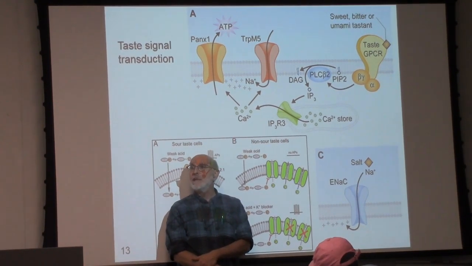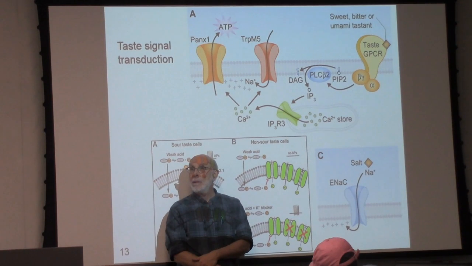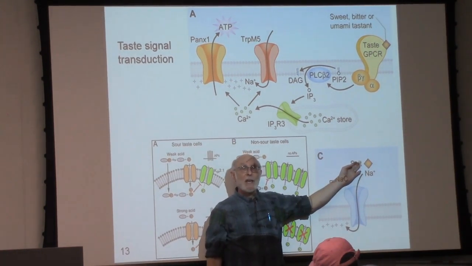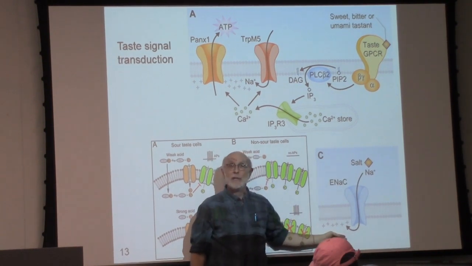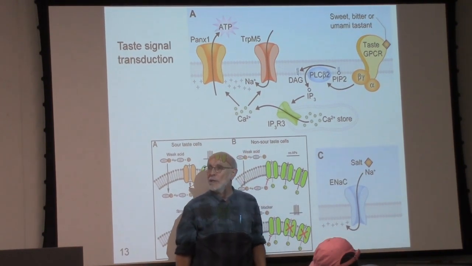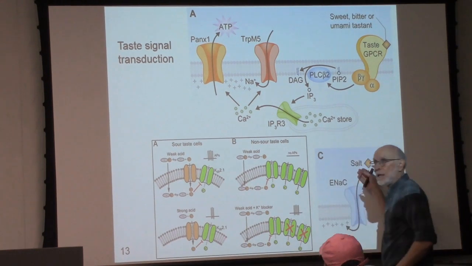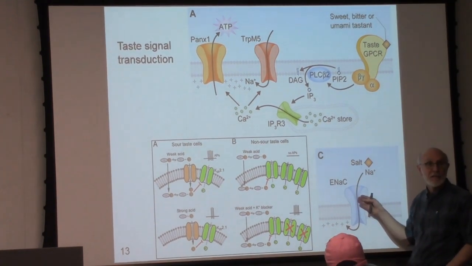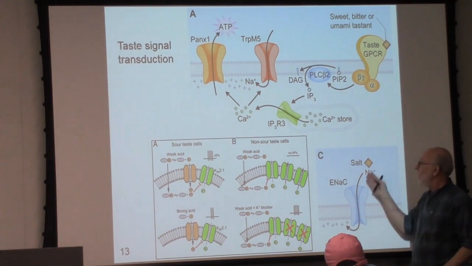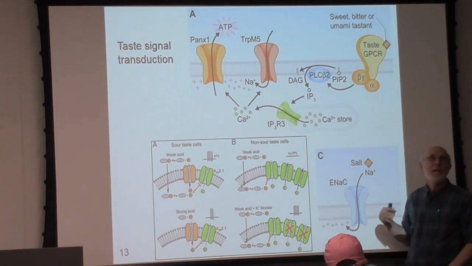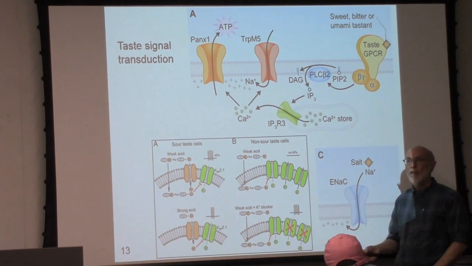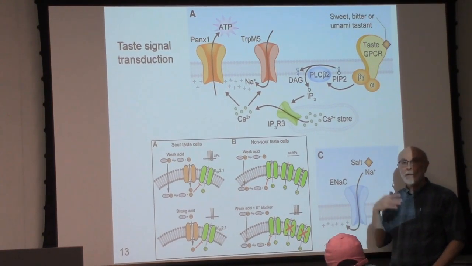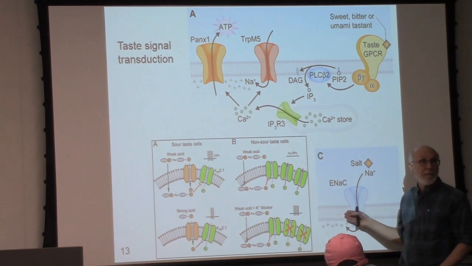It doesn't require a stimulus to open. But if there's lots of salt outside, more salt goes through it and there's more depolarization. So adding sodium chloride to the outside of this cell, which has a relatively high expression of a sodium channel, allows depolarization, calcium influx through voltage-gated calcium channels, synaptotagmin, SNAREs, neurotransmitter release.